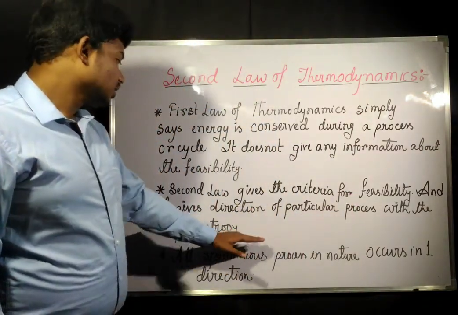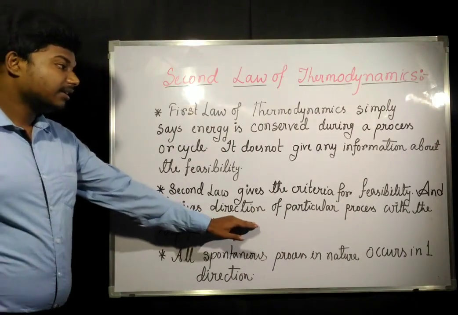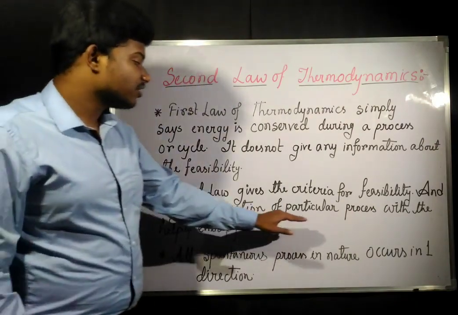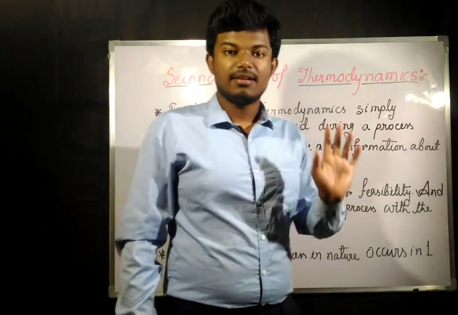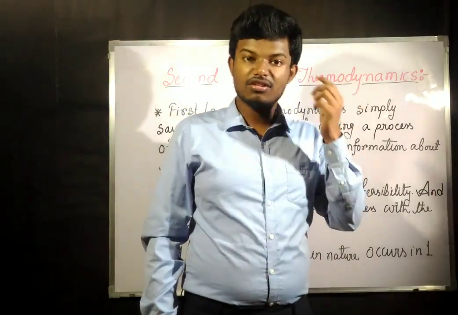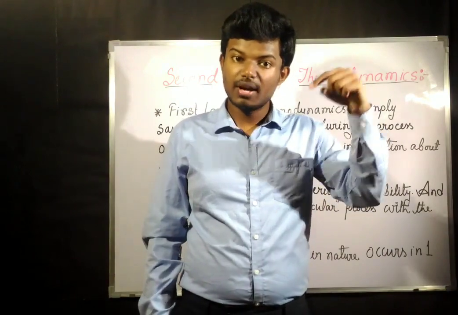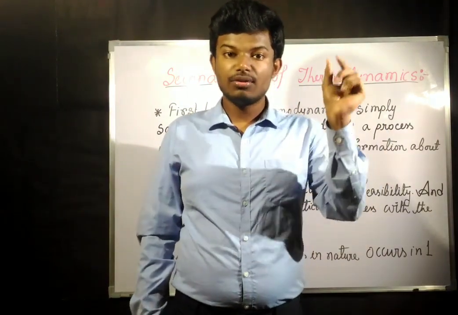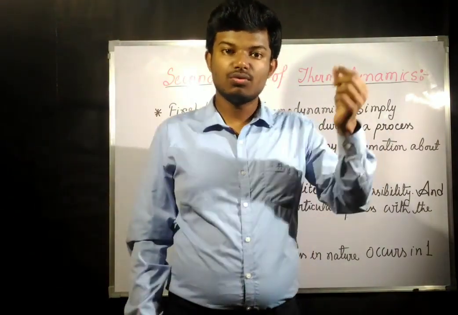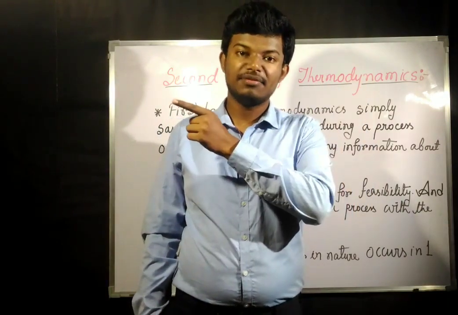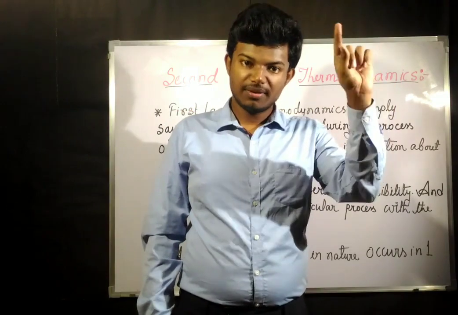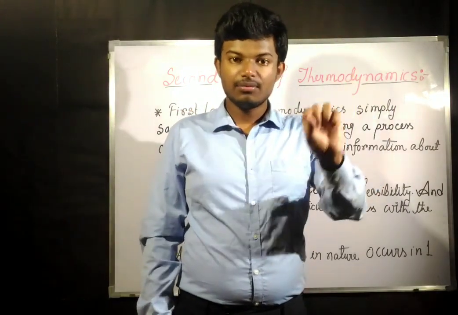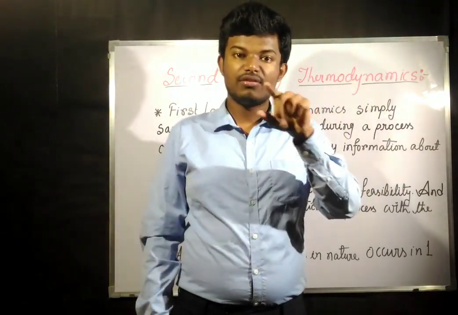Now, it also gives the direction of a particular process with the help of entropy. In the case of the first law of thermodynamics, it did not say in what direction it will go, from 1 to 2 or 2 to 1. We randomly drew some curve in a PV diagram or a TS diagram, randomly put some values 1 and 2 there, and then drew the arrow.